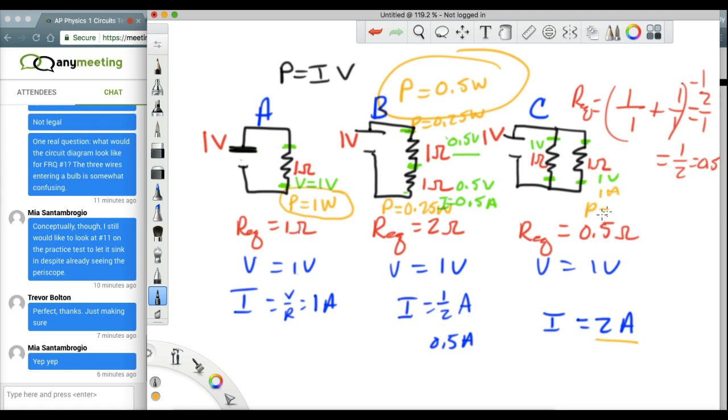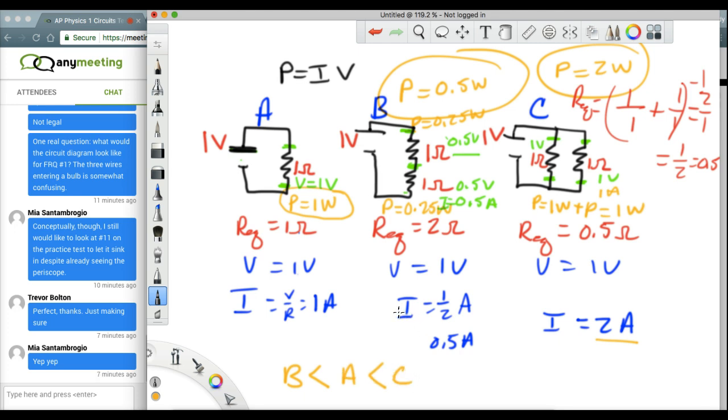And so my power is going to be 1 times 1, which is 1 watt. And power here is going to be 1 times 1, which is 1 watt. Add those two powers together, and I get a total power of 2 watts. Okay, so you can definitively see with the math that B is going to be the least, and then A, and then C.